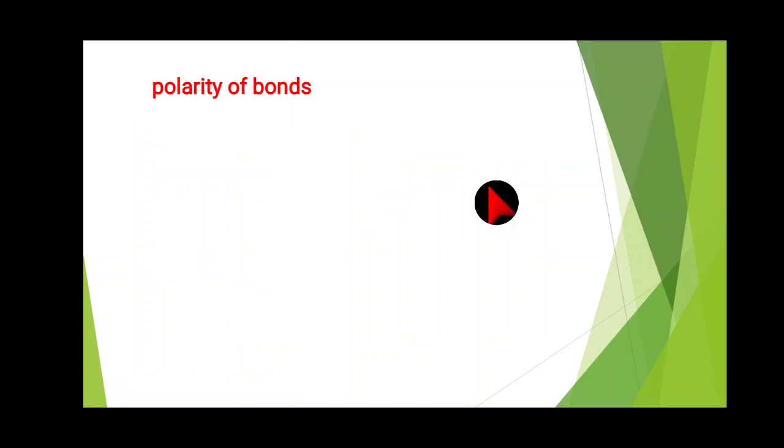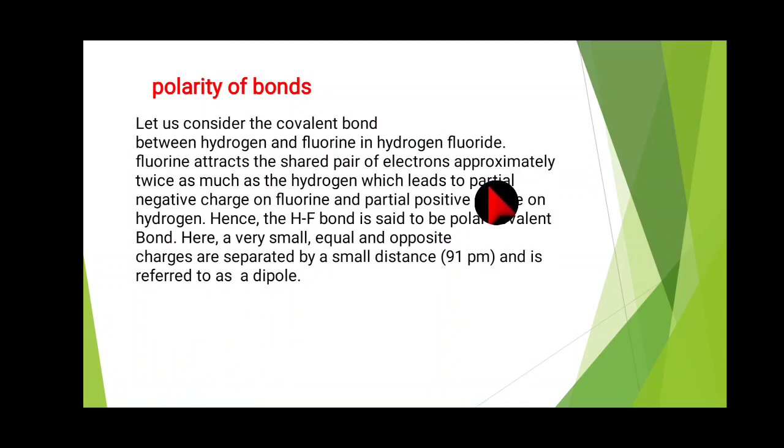So next one, polarity of bonds. Let us consider the covalent bond between hydrogen and fluorine in hydrogen fluoride. The electronegativity of hydrogen and fluorine on the Pauling scale are 2.1 and 4 respectively.